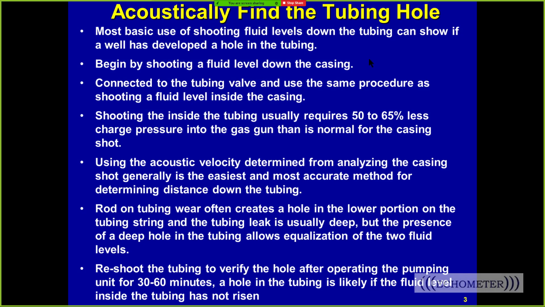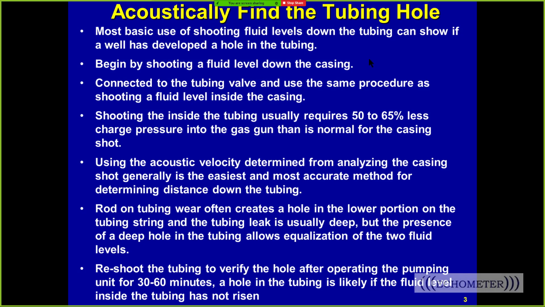You can't have liquid on one side and gas on the other. You have to have a hole because when the pressure wave goes down the tubing to the hole, it sees an increase in pressure, increase in the volume of the wellbore because there's a hole there, and it causes an inversion of the acoustic signal and echoes back an upside down kick, an inverted kick.